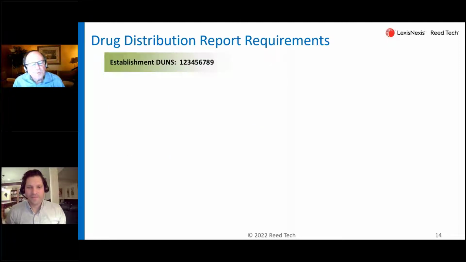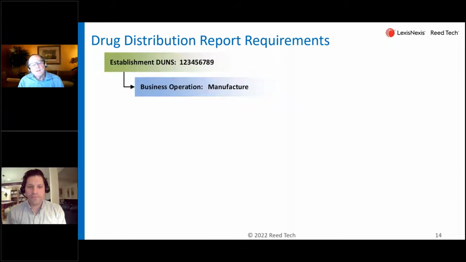Now, I did try to represent this hierarchy just so you have a better understanding of the particular elements that need to be structured. First of all, at the highest level, for each establishment that you have, you will need to identify the DUNS number. And inside that particular establishment DUNS number, there could be one to many.